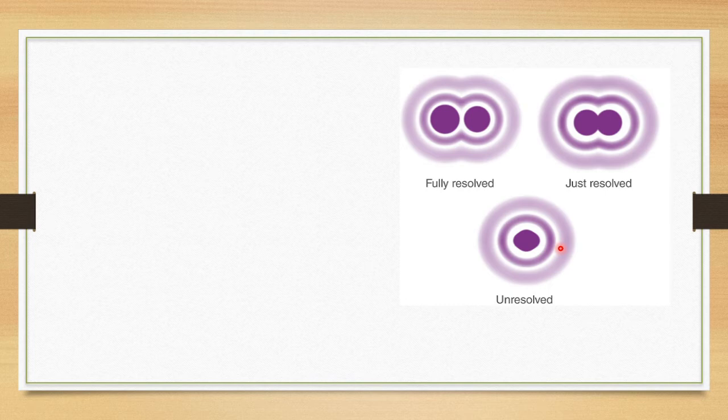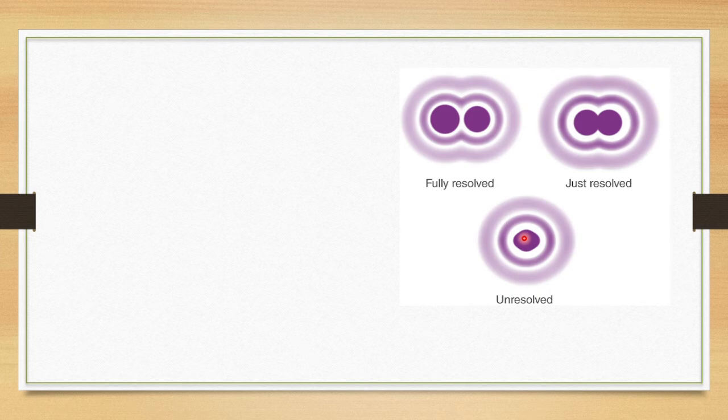Here we have three images. The first one is known as unresolved, the second one is just resolved, and this is the fully resolved image. Here there are two images, but you cannot see them as two images because they are merged together. So this is called unresolved.